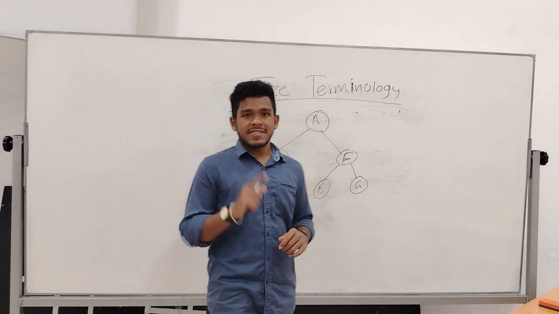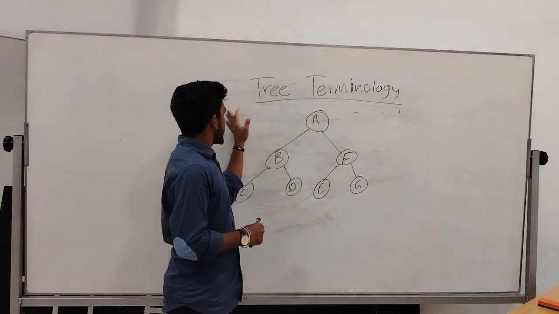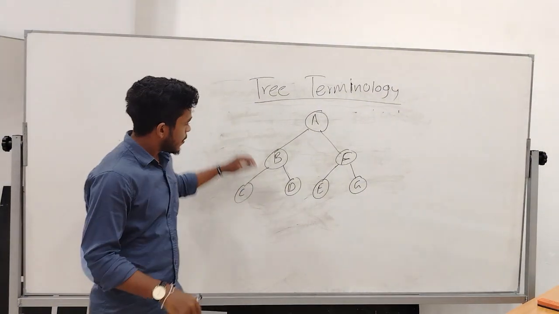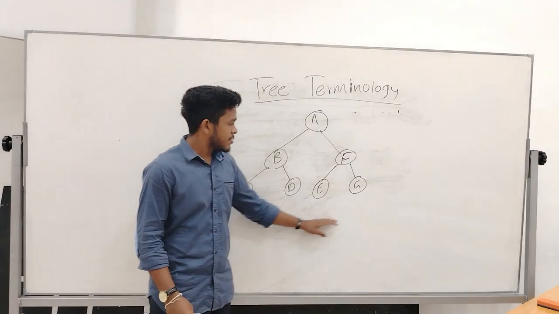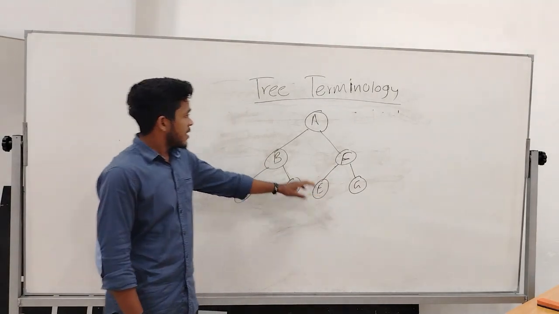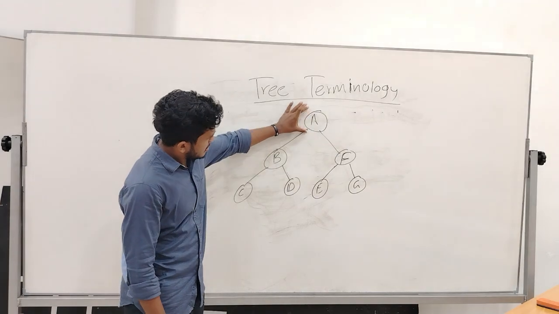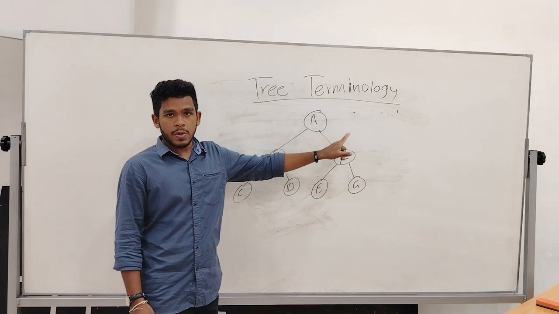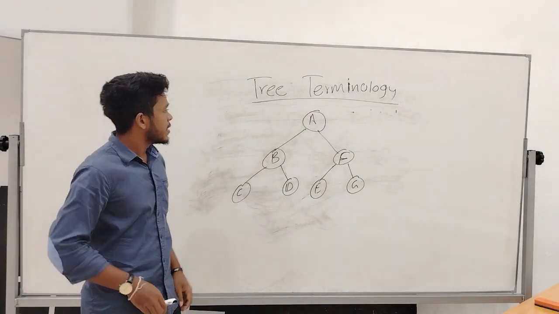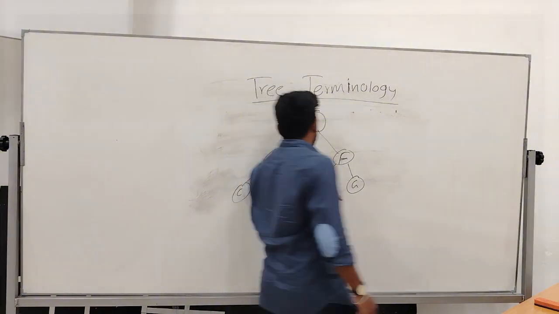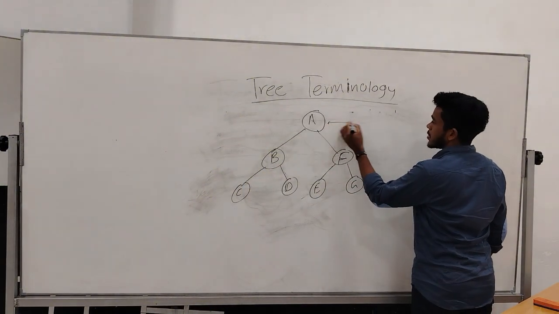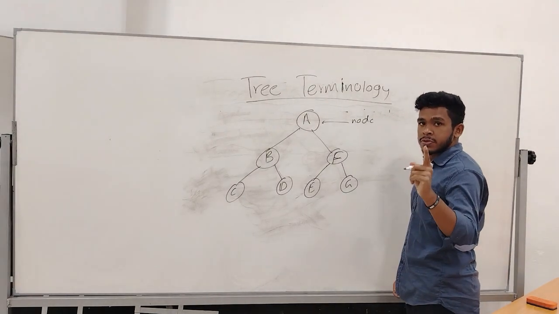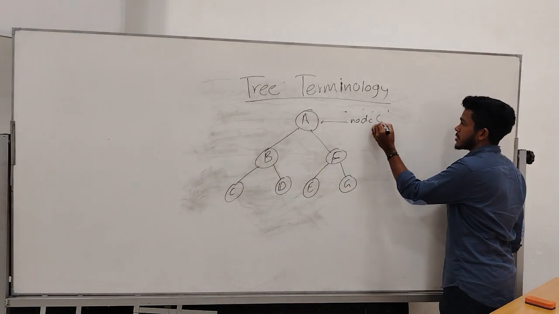So guys, in this chapter we will talk about basic tree terminologies. So this is a basic tree structure, and this is called a node. Nodes are used to store data in a tree.